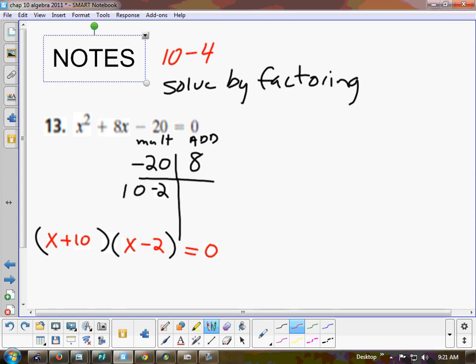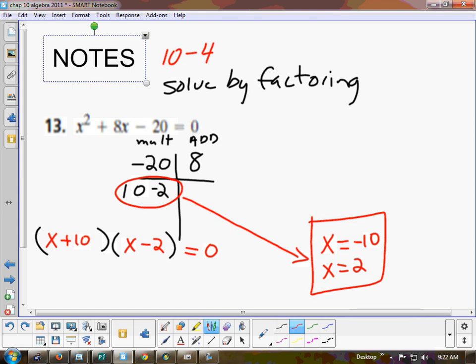The quick way to do this is once you have these answers here for this type of question, the answer to x is going to be the opposites of these numbers. So we could go directly to answer here and say x equals, so it's 10 there, so x equals negative 10. It's negative 2 there, so x equals 2.